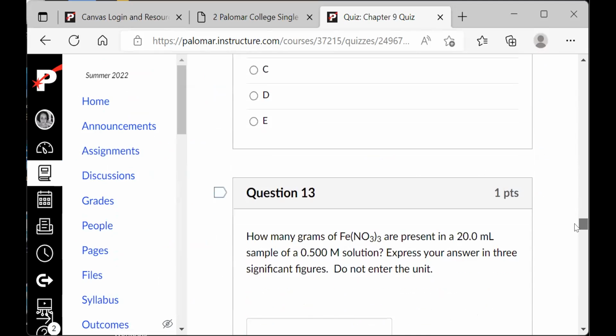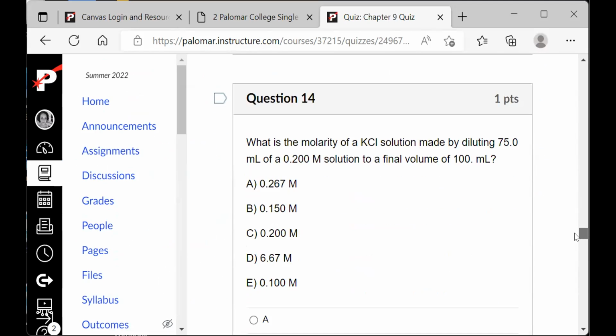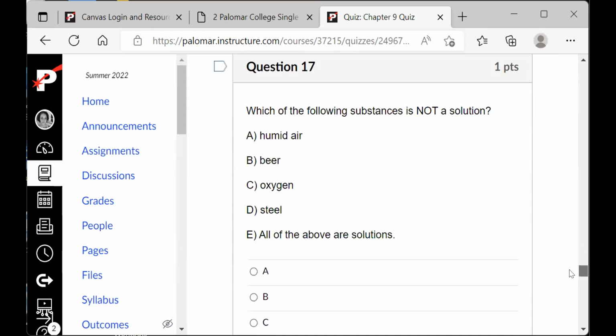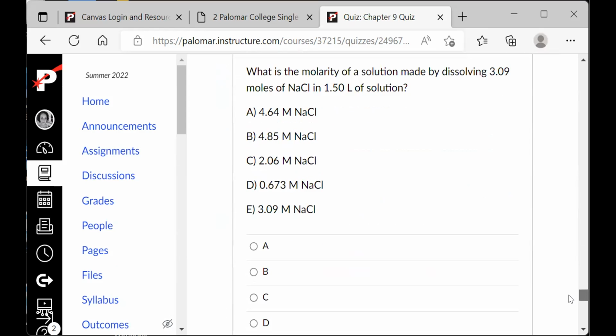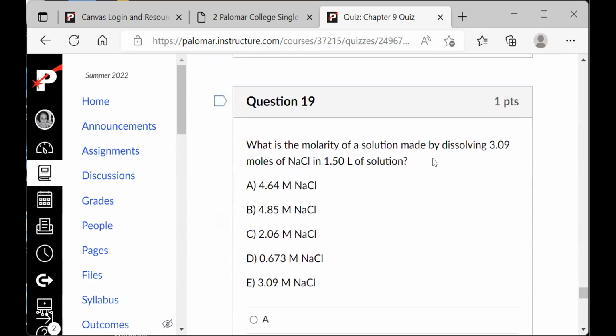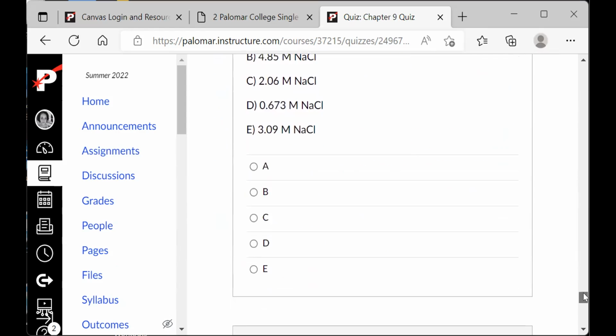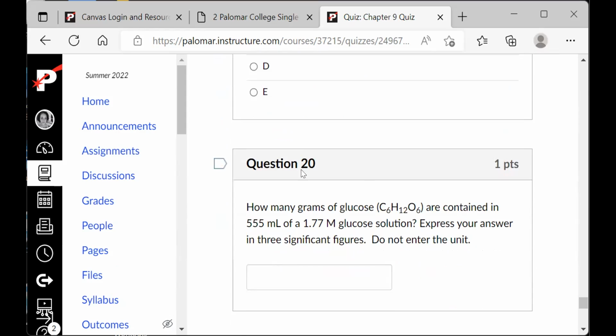So this is the chapter 9 chapter quiz. See, like question 19 in the chapter quiz, you're given moles, you're given liters of solution. In question 20, you can see how the volume is in milliliters? Make sure that you convert that to liters.